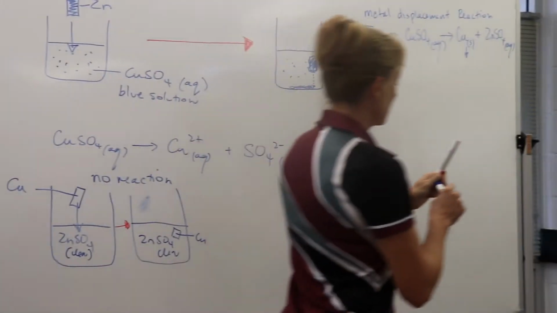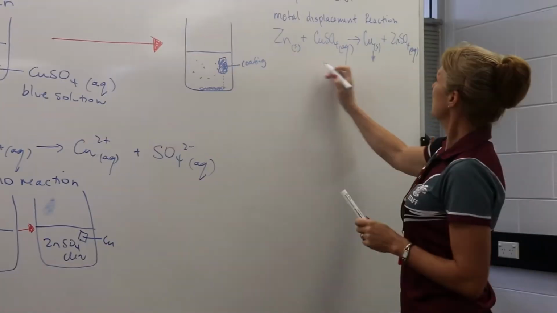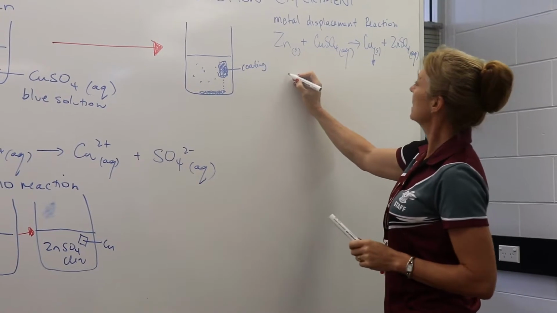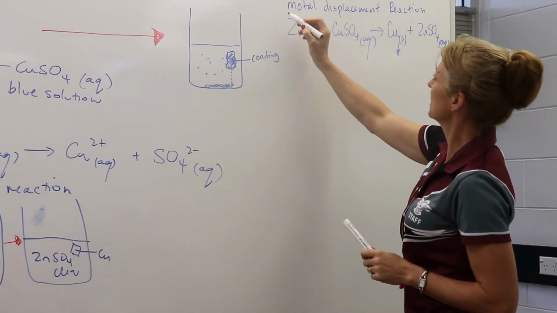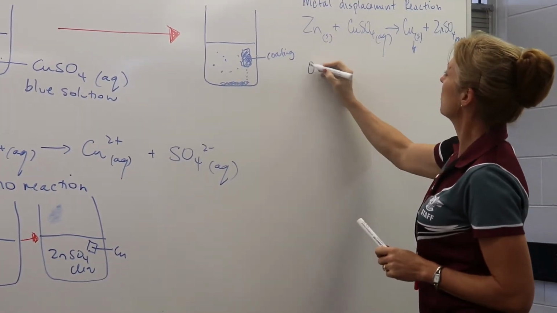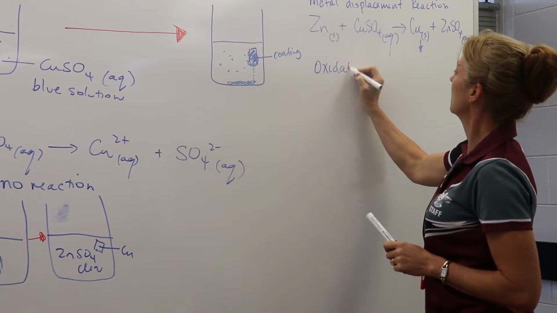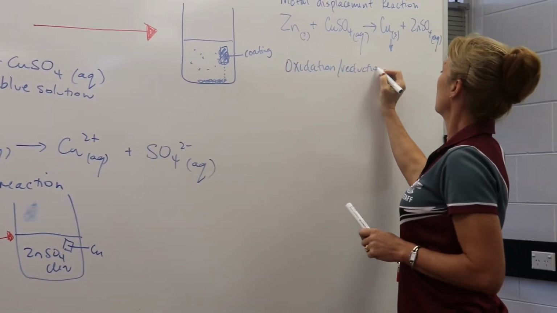So the next thing I want to show you is that this is actually called an oxidation reduction reaction as well as a metal displacement reaction. It is a metal displacement reaction, but it's also an oxidation reduction reaction.